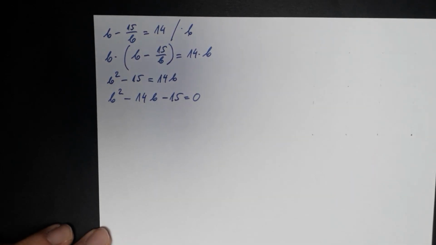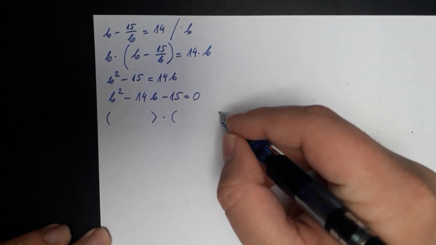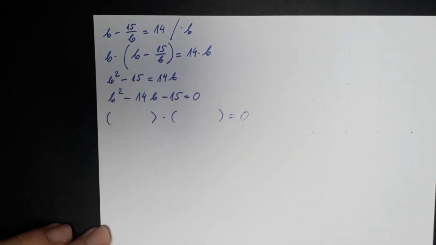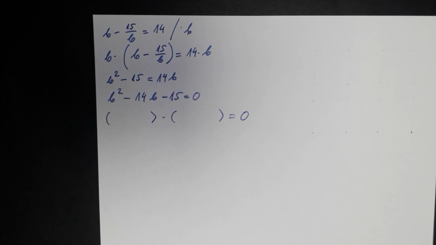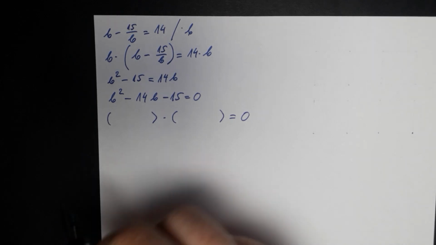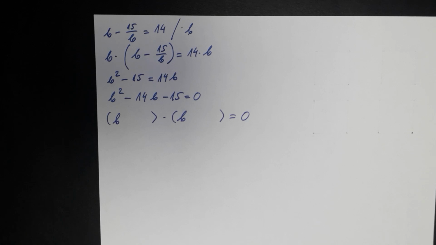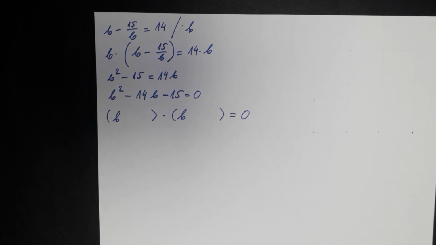I am going to write this equation in the form first bracket multiplied by the second bracket is equal to 0. As we have b squared in the first term of an equation, we know that b is going to be a first part of both of these brackets. b is in these first places because when we multiply these two brackets, we get b multiplied by b, which gives us b squared.